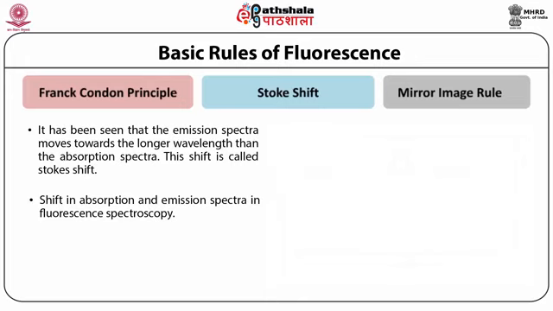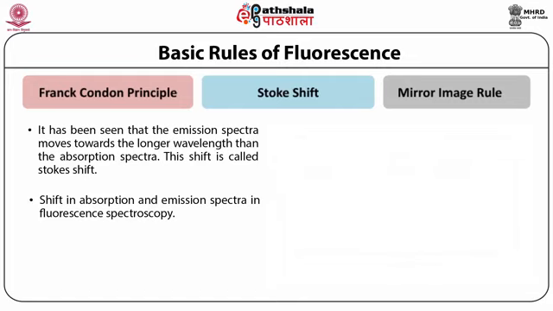In addition, fluorescence emission is usually accompanied by transitions to higher vibrational energy levels of the ground state, resulting in further loss of excitation energy to regain the lowest vibrational energy level of the ground state.